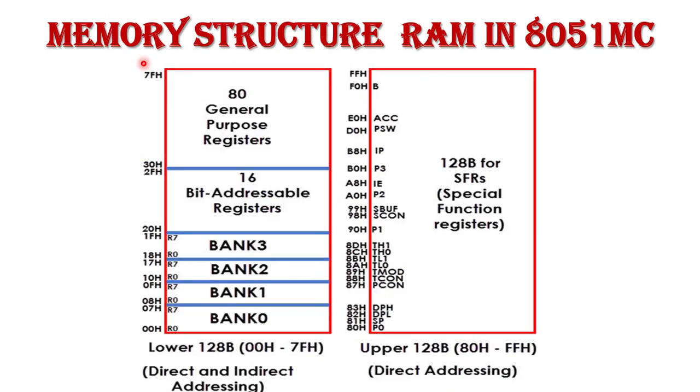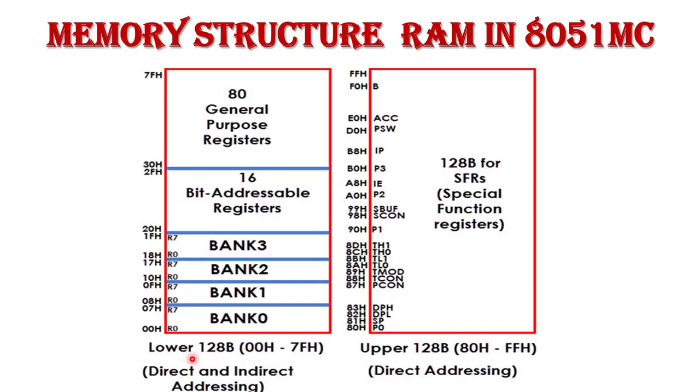So one by one I will discuss both the memory areas. So first I explain in detail the memory structure of RAM in 8051 microcontroller. As I have already told, 8051 having 256 byte of RAM. These 256 byte of RAM is divided into two parts. First part is the lower 128 byte of general purpose memory area and the upper 128 byte of special function register memory area.